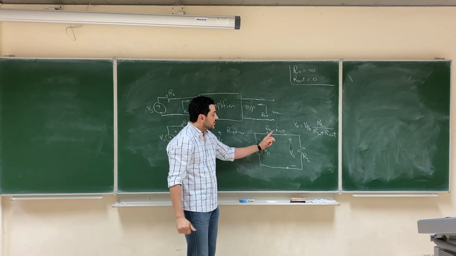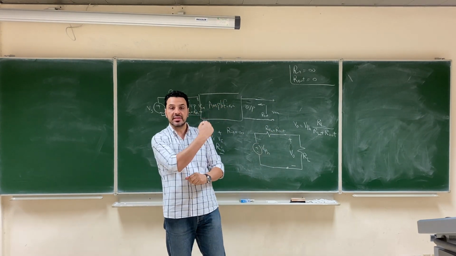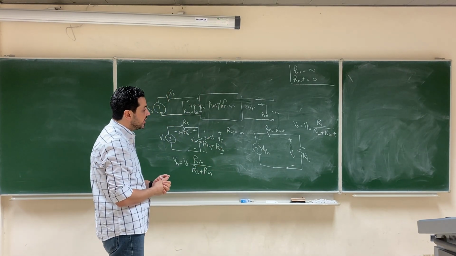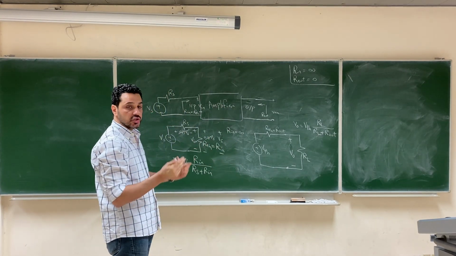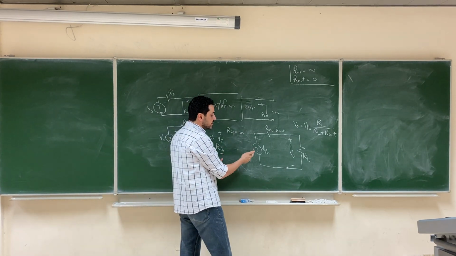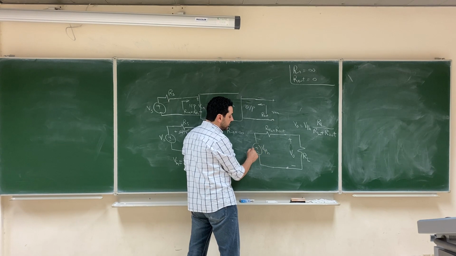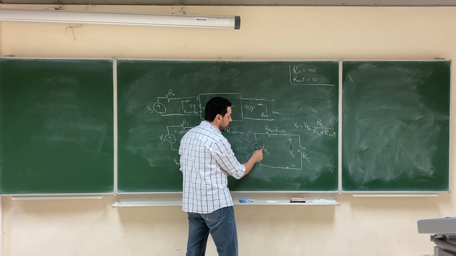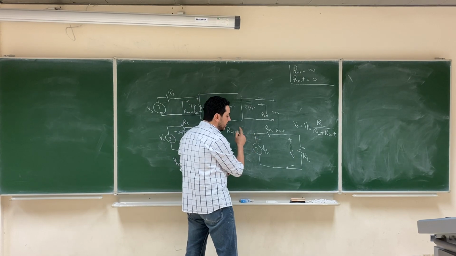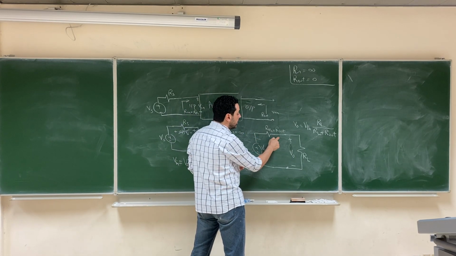Now let's imagine that your R output, the output resistance of your amplifier, the Thevenin equivalent resistance of your amplifier, is large. What happens if the output resistance is large? If the output resistance is large, most of the V Thevenin, most of the equivalent voltage at the output of the amplifier will go to R out.